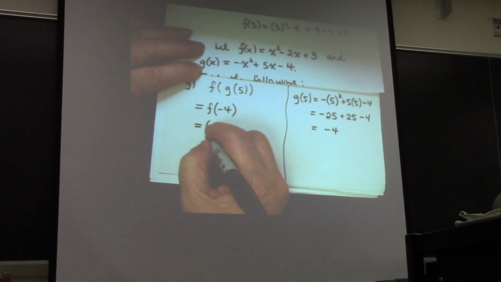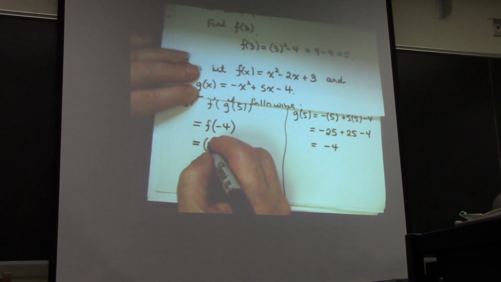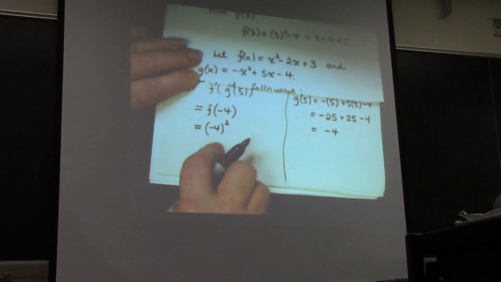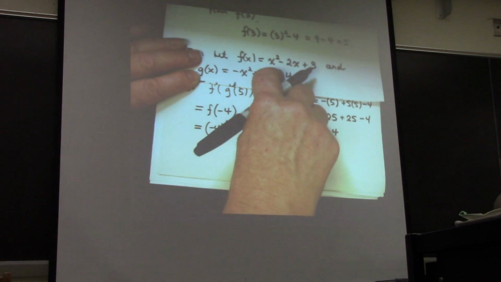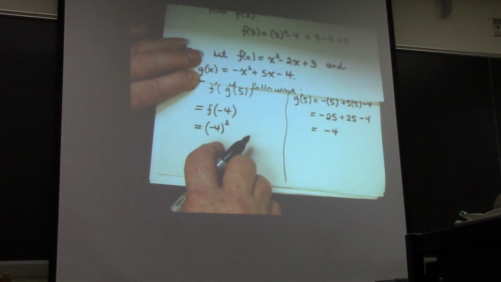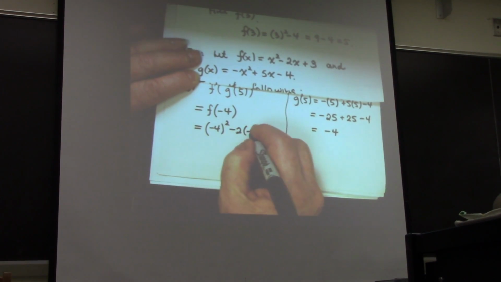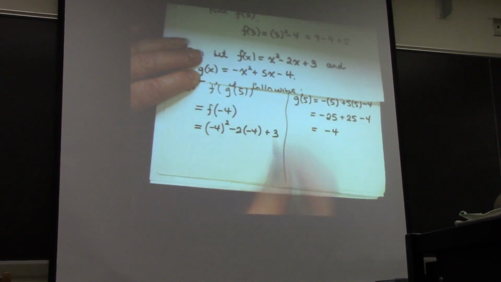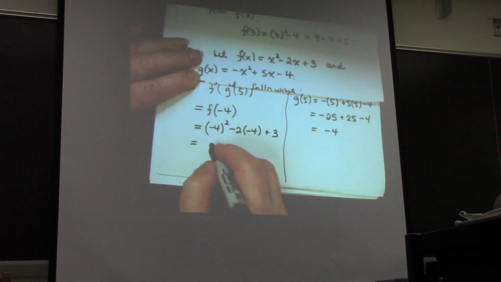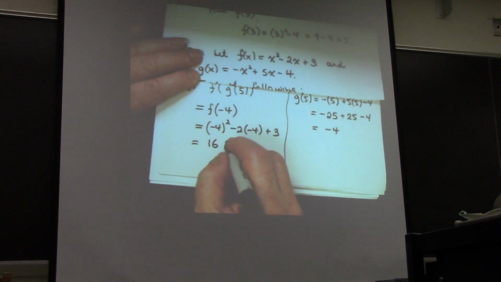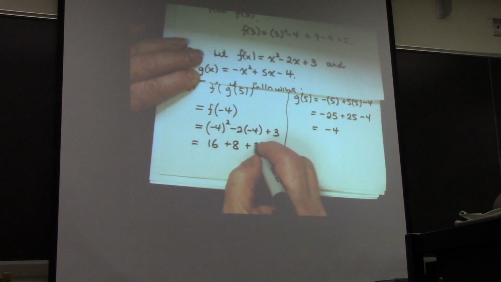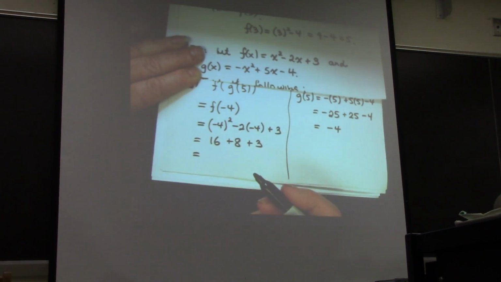So what do I get? Negative 4 squared, that's the way you write that, right? You're squaring the x, which is negative 4. So negative 4 in parentheses squared, minus 2 times negative 4 plus 3. So gives you 16 plus 8 plus 3 is 24 plus 3, or 27.